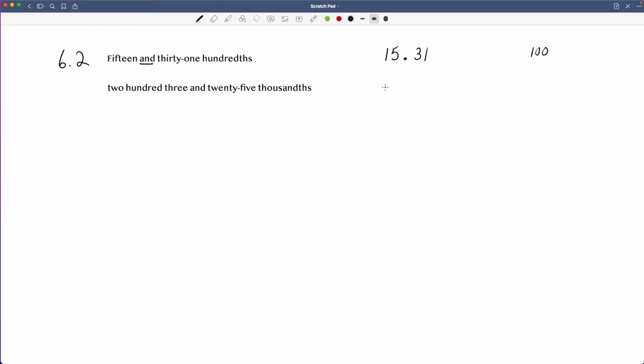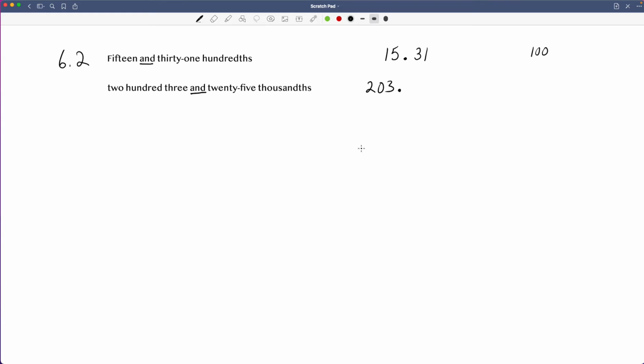We have 203. So that's written 203, just like that. And is my decimal place right here. And let me clarify, "and" does not mean the decimal point. It is not the definition of the decimal point. And just means we are adding part of a number to this amount of whole numbers that we have. You can say "and" where the decimal point is. We use that more in money than anywhere else.